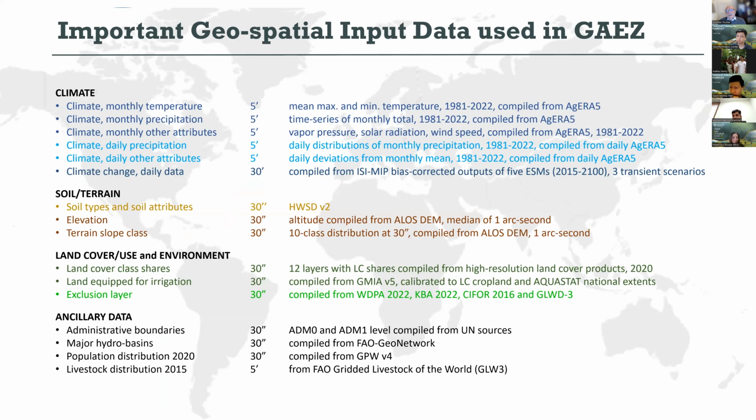In the global AEZ analysis, these are the key geographic data sets that are being used, and in national studies you will need similar data sets wherever possible, of course, coming in consistent classifications, etc., from national sources.